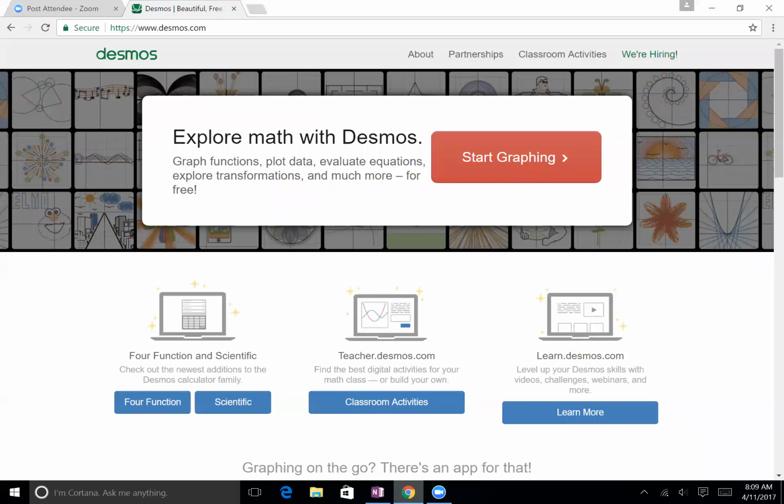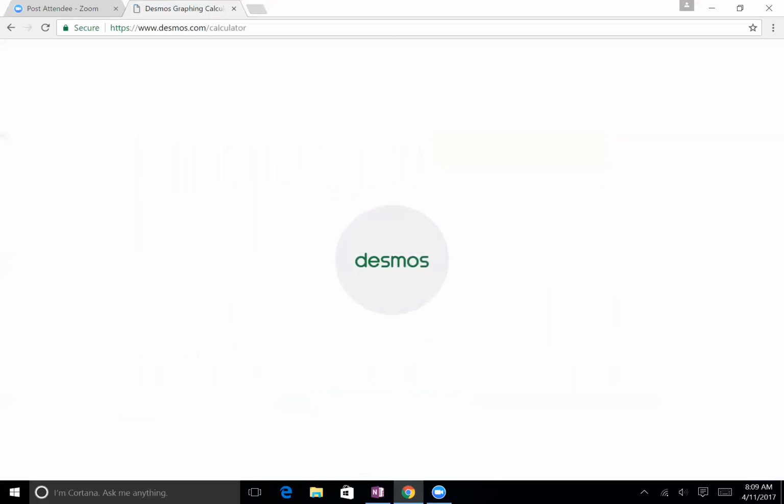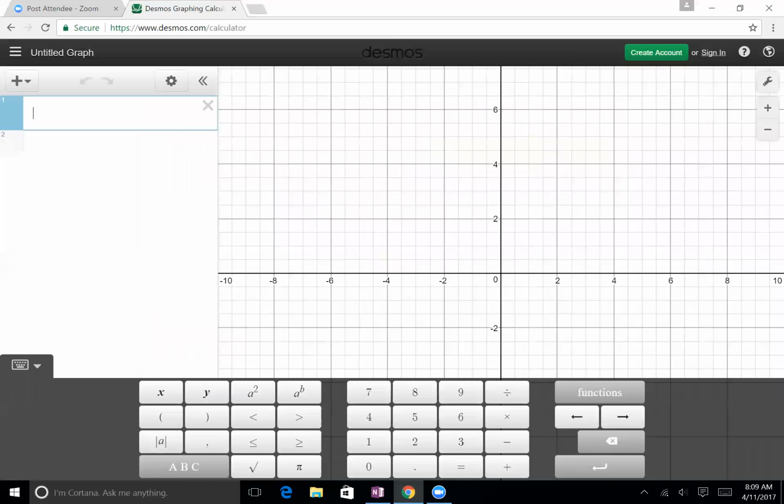Okay, you'll get here, and then you're just going to say start graphing. And this is what you should come to. Again, if you're a junior, this is kind of similar to what the calculator will look like on your CAS testing that you'll be having in like 2 weeks.